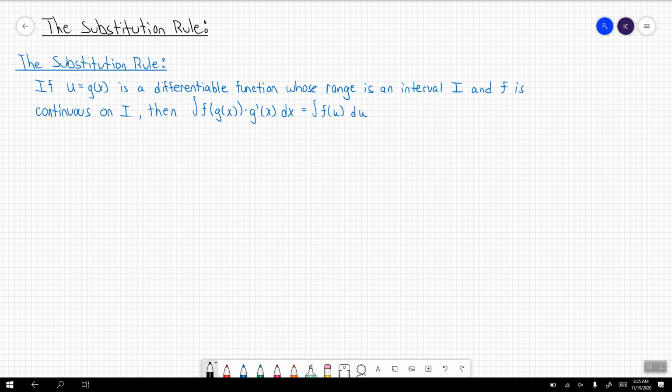So, using this technique for substitution, as we're identifying the integrand, we need to identify, number one, that we have a function composition, and number two, that the function composition is then multiplied by the derivative of the inside function. If those two requirements are met, then we're going to be able to use the substitution rule.